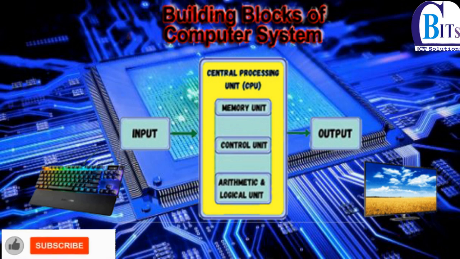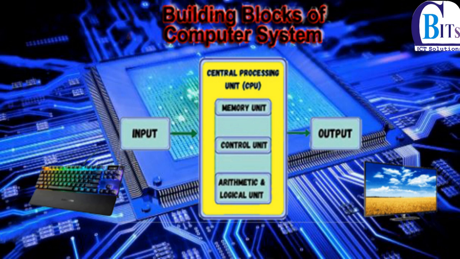Now that we understand what the motherboard is, we come to the main components of a computer, which are called the building blocks of a computer system. So what are the main components of a computer? Well, there are many parts of a computer system that help to set up the whole system. When we work on it, it requires many internal and external devices to perform different tasks.